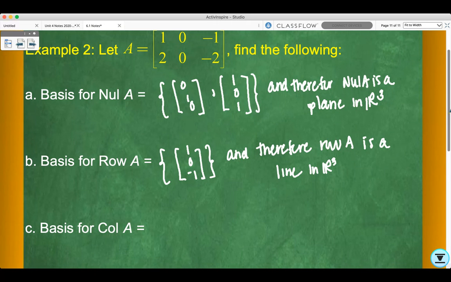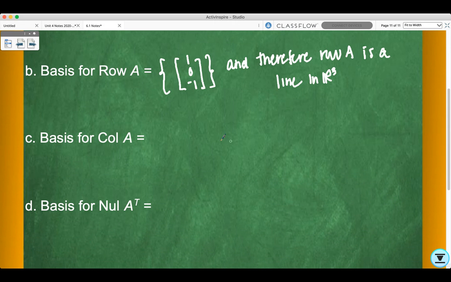Basis for Col A. The basis for Col A would be your pivot column, and that would be your first column. So that would be (1, 2). And therefore, Col A is a line in R2.